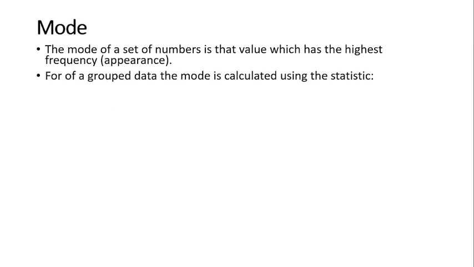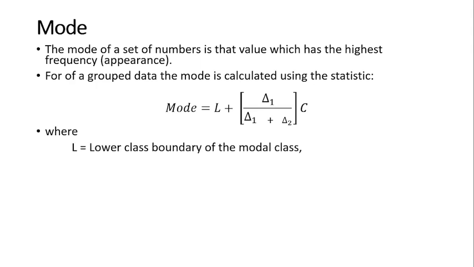For the mode of grouped data, the mode is calculated using this statistic. We have this, the mode of grouped data, where L is the lower class boundary of the modal class. Delta 1 is the frequency of the modal class minus the frequency of the class before the modal class.